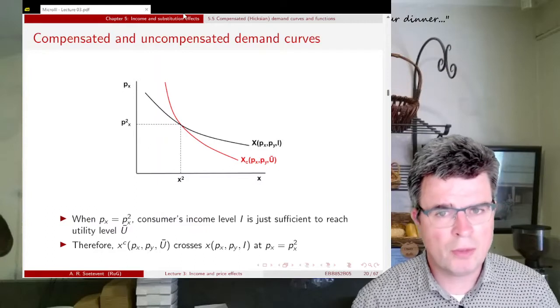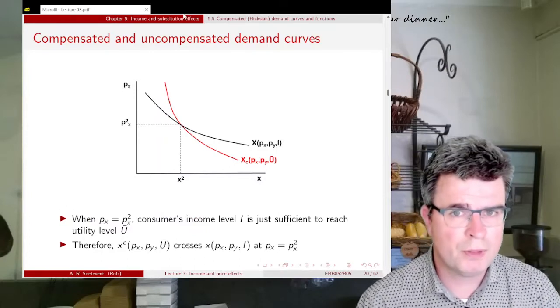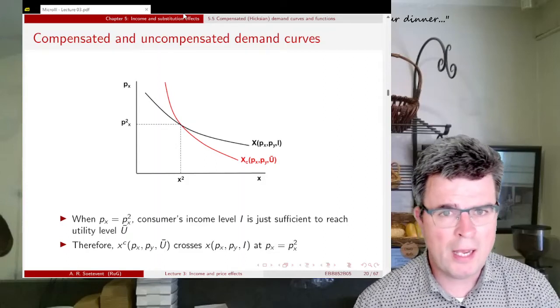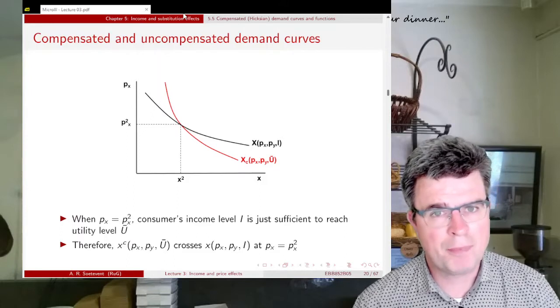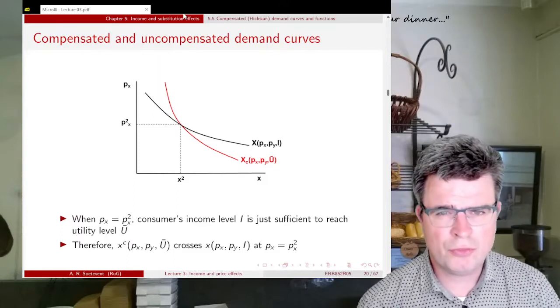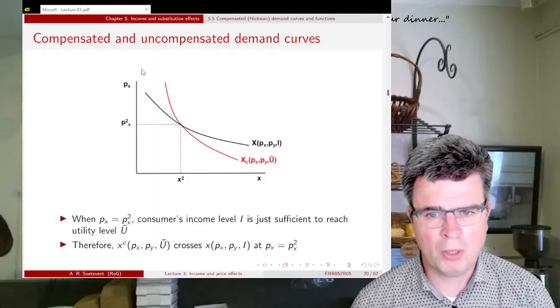So suppose now that we have an initial price level Px2, price of good X, and that the consumer has an initial income equal to capital I. And this income level is just sufficient for this consumer to attain a utility level U bar.